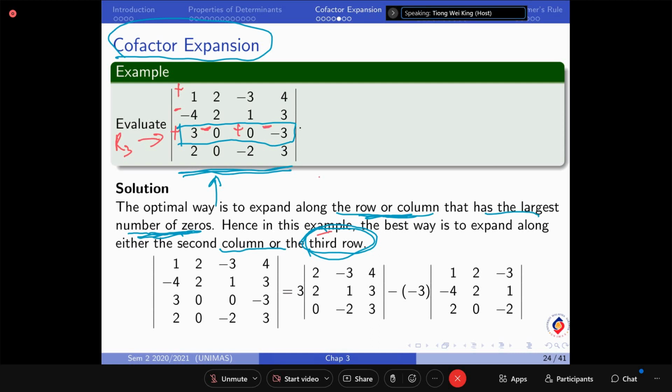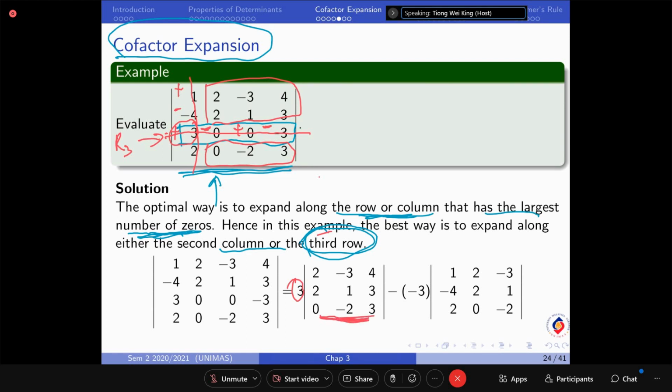You take the first element, plus 3, and then you delete row 3 and the first column, and what's left here is your submatrix.